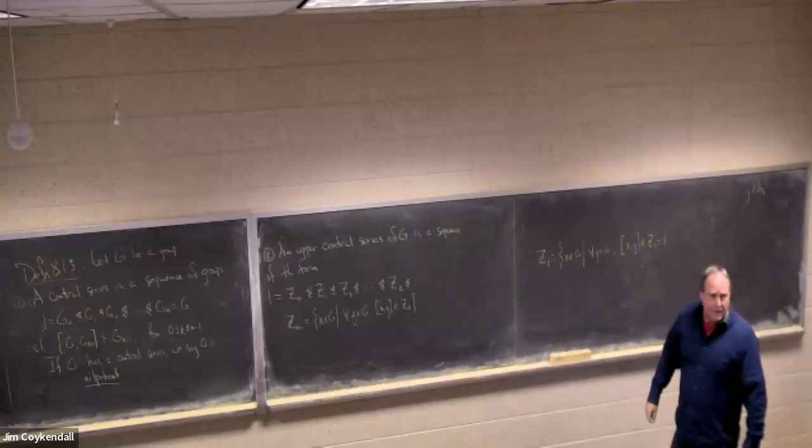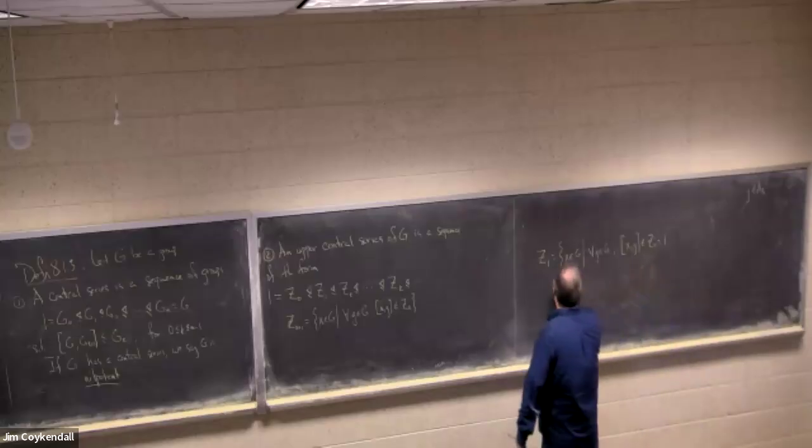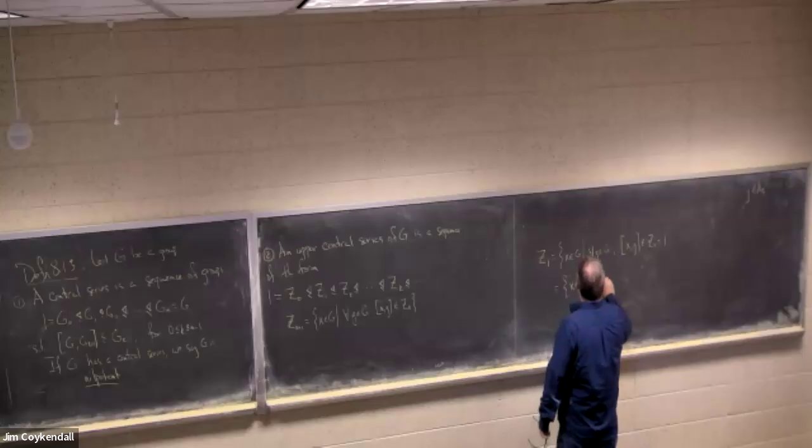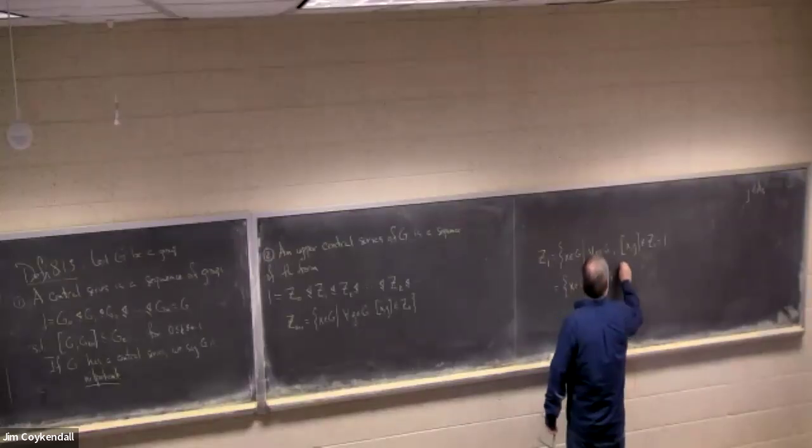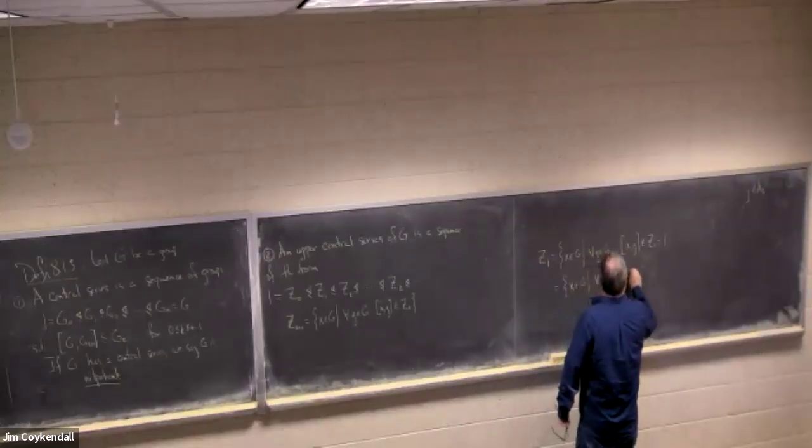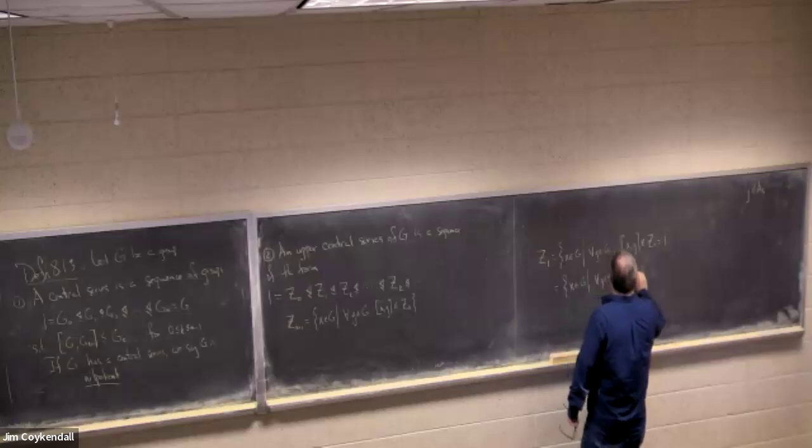Right? That's the way it's defined here. So this is x in G such that for all g in G, xg is equal to one.